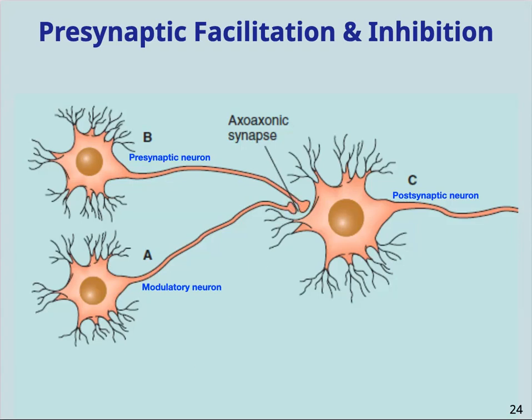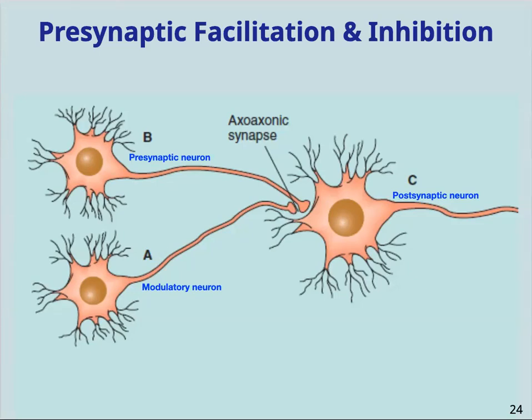So in this image, we can see this modulatory neuron A synapsing onto the terminal bouton of the presynaptic neuron B. Okay. Depending on the nature of this axo-axonic synapse between A and B, neuron A may either work to increase or decrease the effect that neuron B has on neuron C. Okay. And when neuron A increases neuron B's effect on neuron C, this is called presynaptic facilitation.